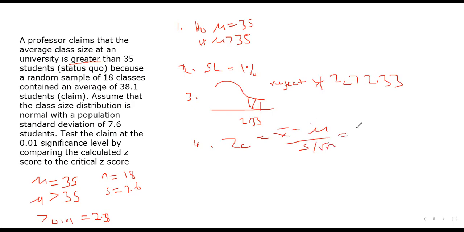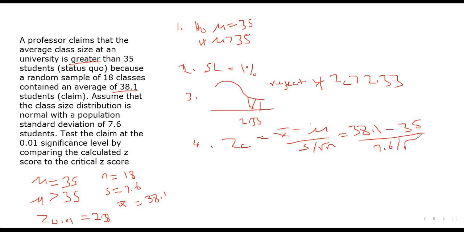So here we have what? X bar was calculated from a sample of 18 people, so N is 18, and X bar is 38.1. So what is our standard deviation? 7.6.